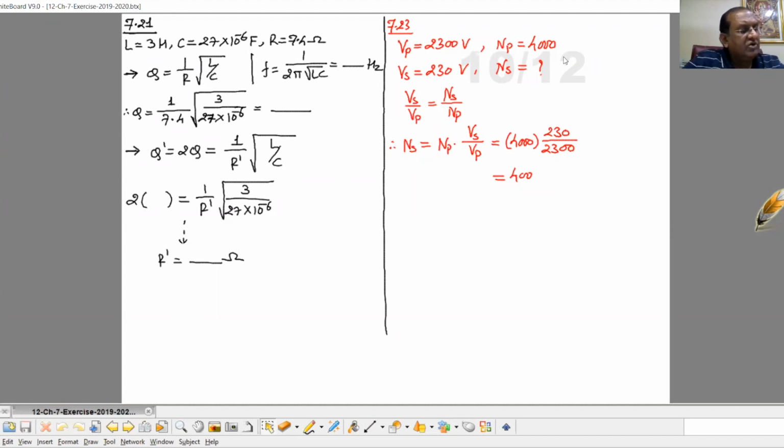Then D, a choke coil in series with a lamp is connected to a DC line. The lamp is seen to shine brightly. Insertion of an iron core in the choke causes no change in the lamp's brightness. Predict the corresponding observation if the connection is to an AC line.